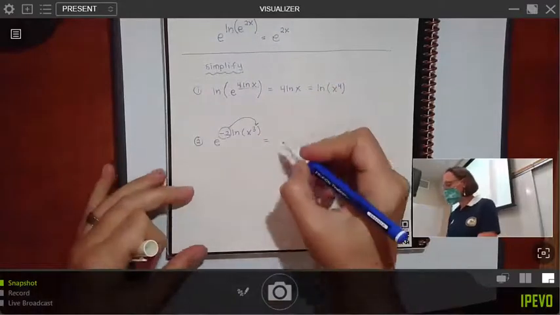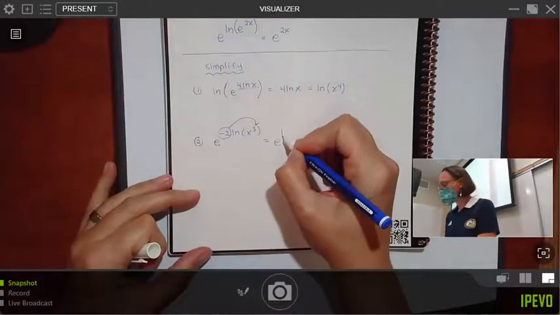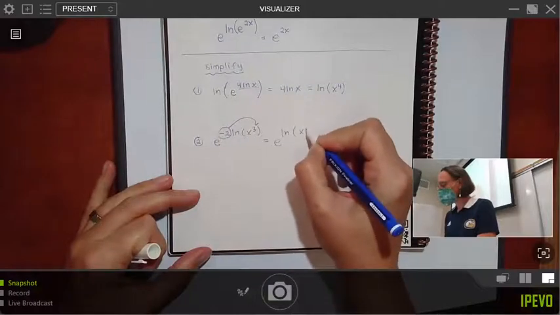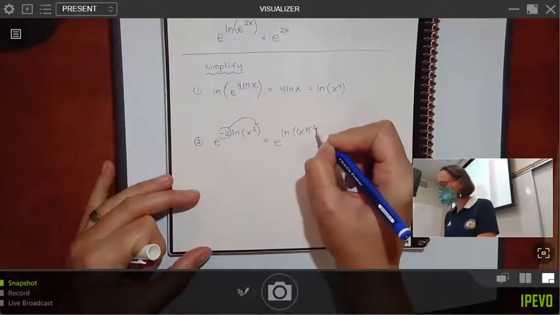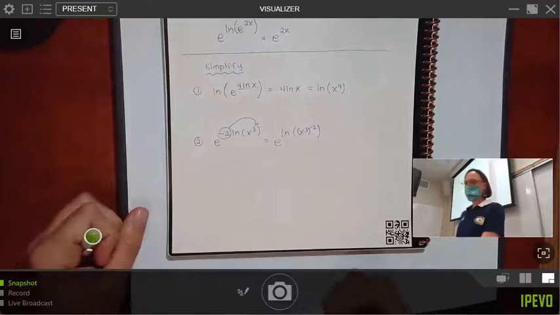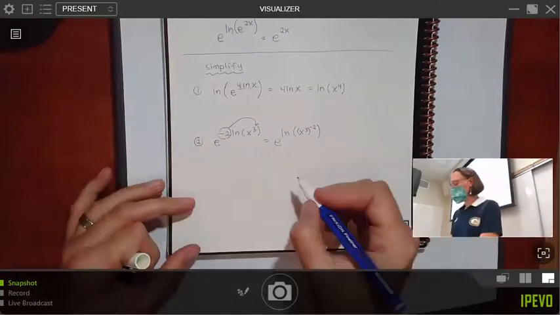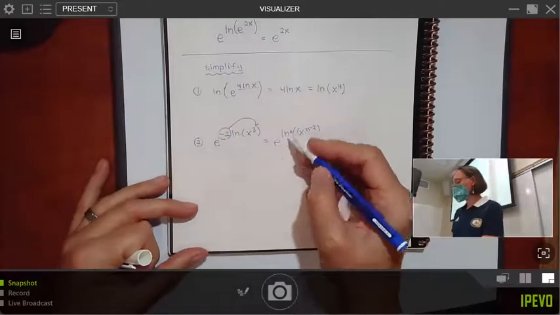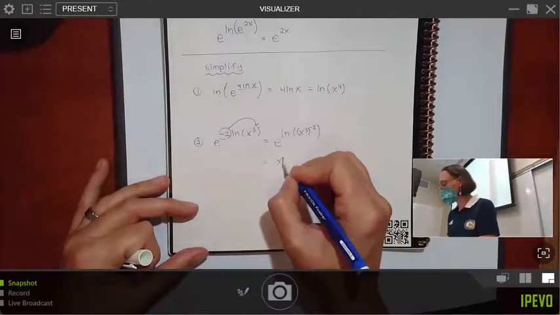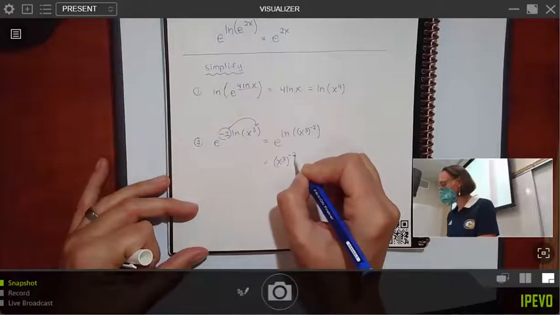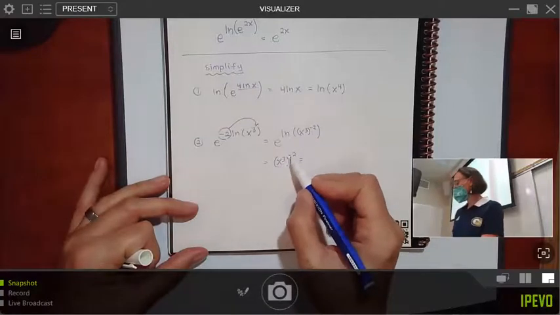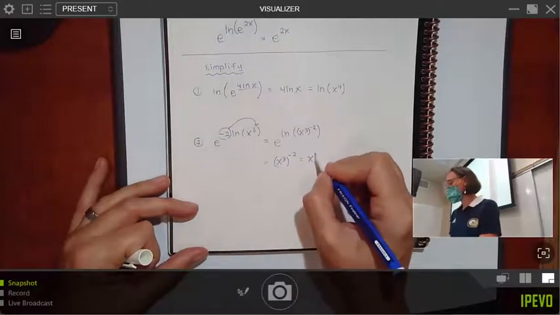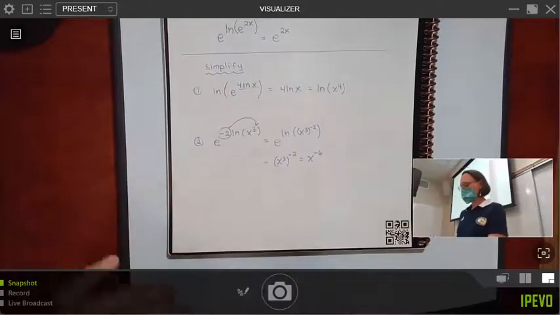So I would have to write this as e to the ln of x cubed raised to the -2. And now I can move on. Now my e to the ln, that inverse property is going to leave me with x cubed raised to the -2, but powers raised to powers will make that an x to the -6.